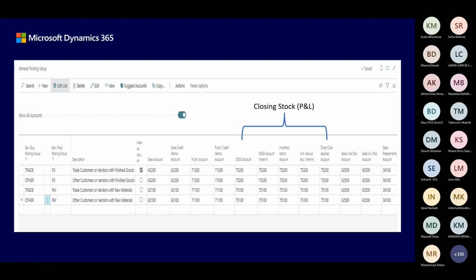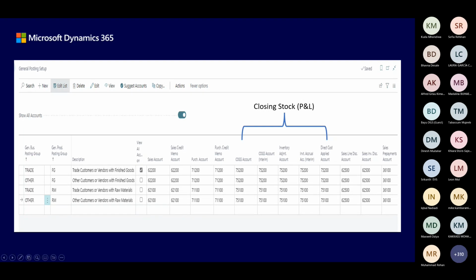On the balance sheet side, with the inventory setup, any stock in and out will go to the inventory account. But on the opposite side in the P&L, it looks at this. COGS means goods going out, that is, from the sales side, for closing stock.